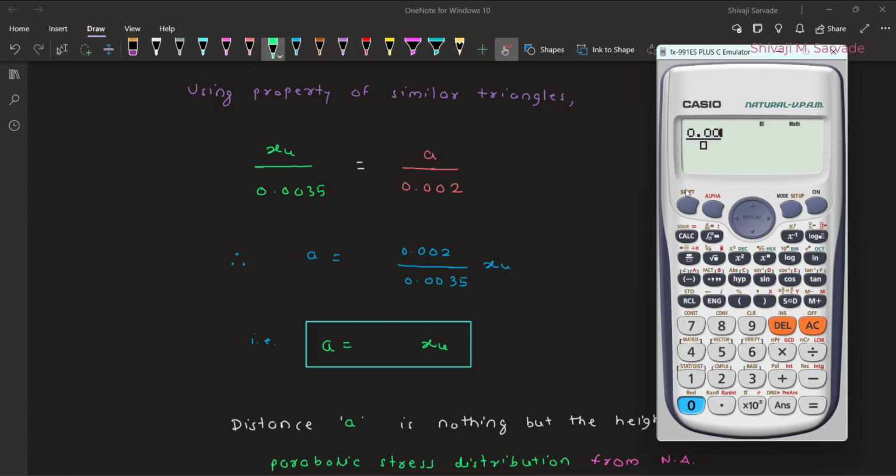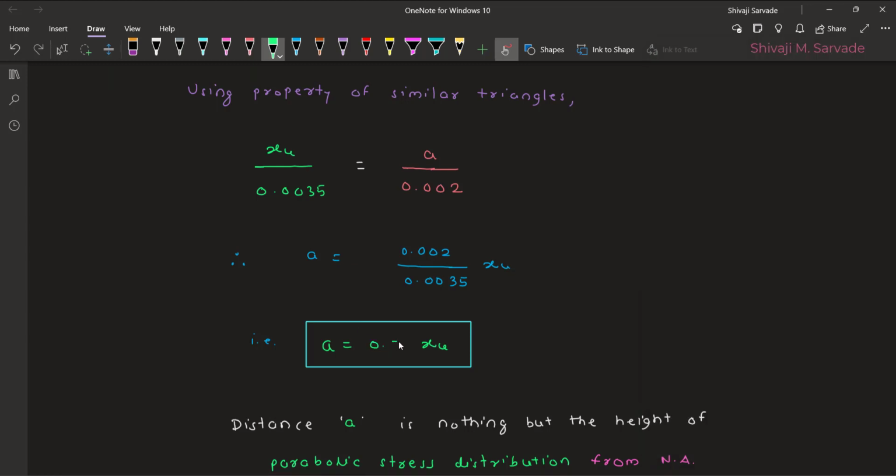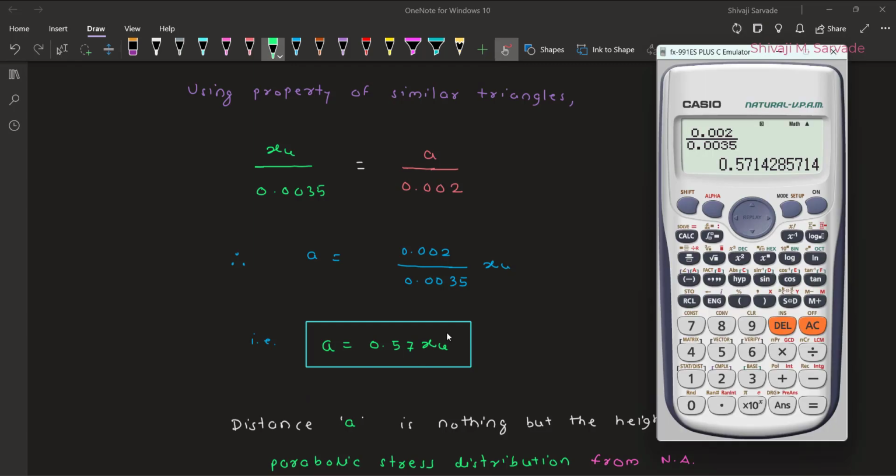It is 0.002 divided by 0.0035. So we get 4 by 7 XU. Or if we want, we can get this as 0.57 XU. So A comes out to be 0.57 XU. This is the value that we got.